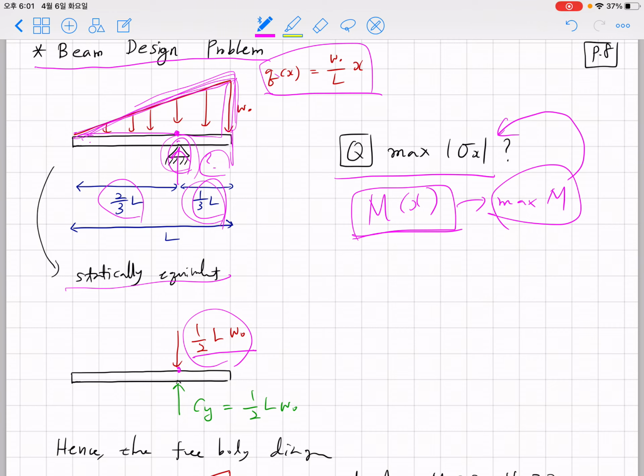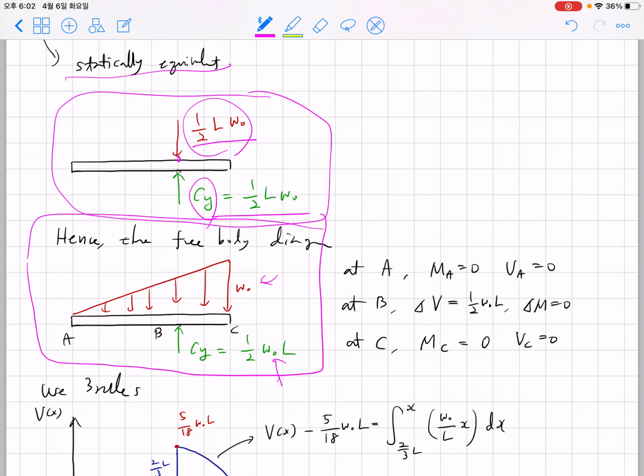After obtaining this reaction force, we can draw the free body diagram like this. We have the distributed loading, we have this point force, and based on this information, we can obtain the force and moment at points A, B, and C. At point A, this is the free end, so M must be 0, and of course there is no sidewall, so V_A must be 0.